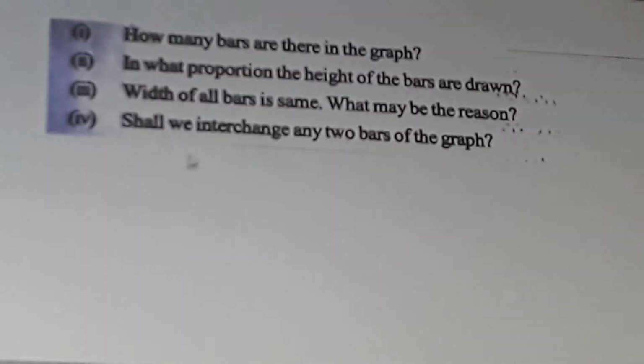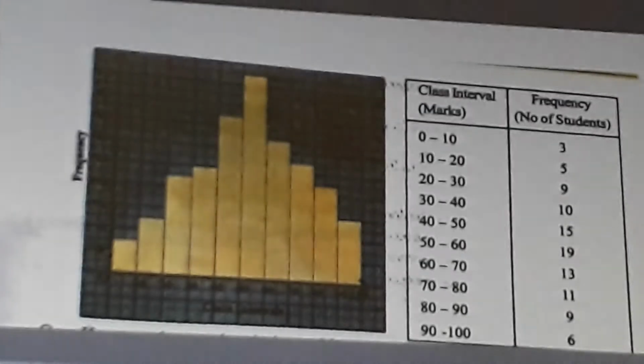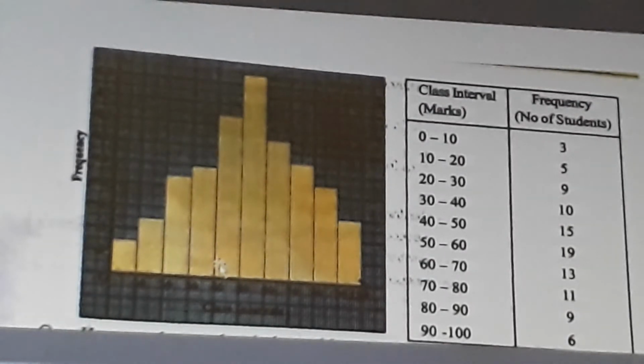Next question. Shall we interchange any two bars of the graph? As it is representing a continuous series with exclusive class intervals, first class interval upper limit 10, second class interval lower limit 10.